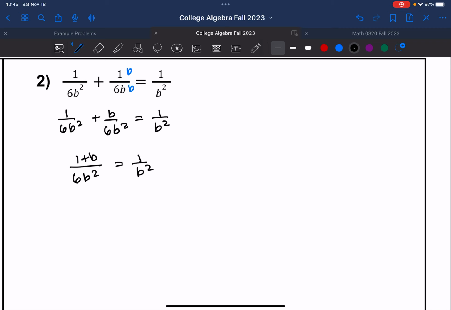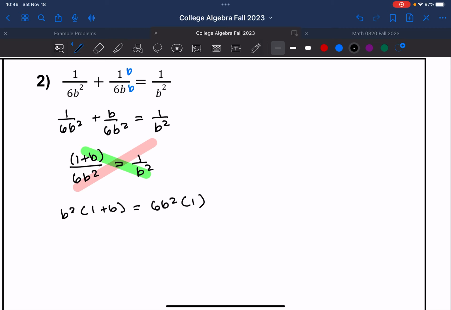I'm going to go ahead and put that 1 plus b in parentheses, just to know that this all goes together. So now that I have a fraction equal to another fraction, I am going to cross multiply. So I have b squared times 1 plus b is equal to 6b squared times 1.